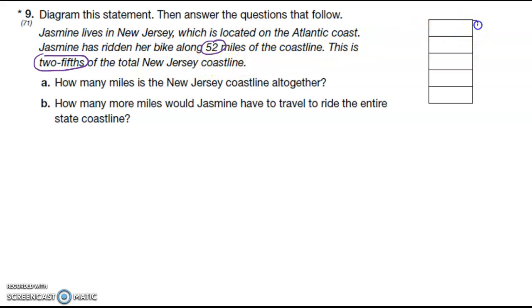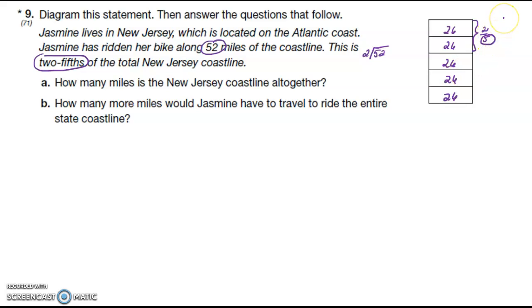So if it's 2/5, and we know 2/5 is equal to 52, I'm going to divide that by 2 to see what goes in each box. So 52 divided by 2 is 26. So I'm going to go ahead and put that in each box. And we have 5 boxes because it's fifths.